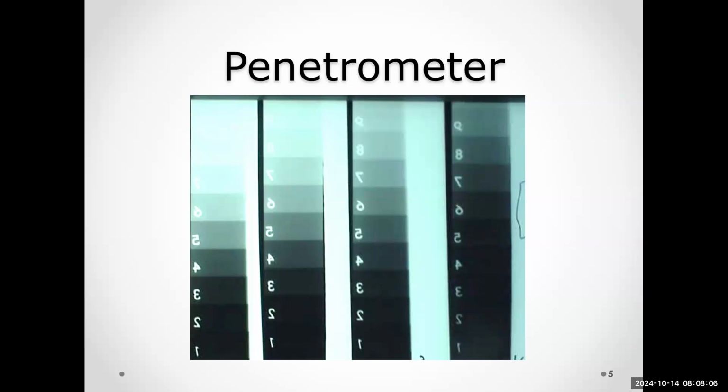Because if a lot of photons make it through to the IR, is the brightness going to be really bright or less bright or darker? Darker, right? It's been exposed to more radiation, just like the marshmallow, when it's black, has been exposed to the fire longer. So the image on the left was done with a lower kVp. The image on the right was done with a higher kVp.